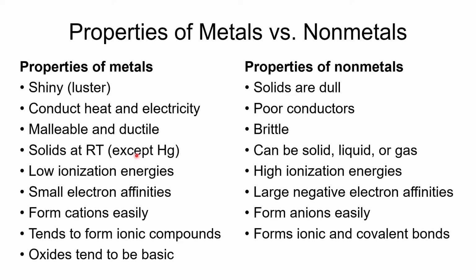If you've got a metal and a nonmetal, it's probably an ionic compound. If you just have nonmetals, it's probably a molecular compound that only has covalent bonds. Metal oxides tend to be basic, while nonmetal oxides tend to be acidic. And I'm going to show you something about that here in just a moment.